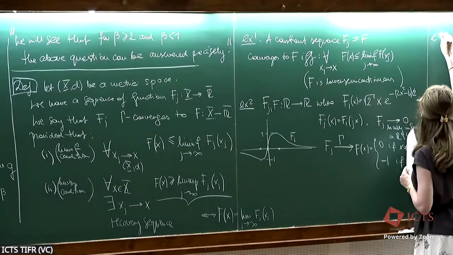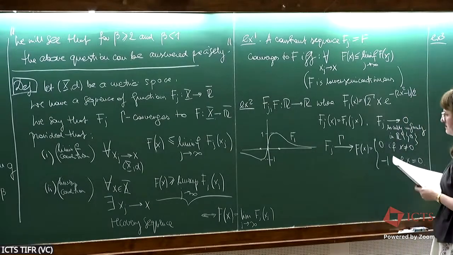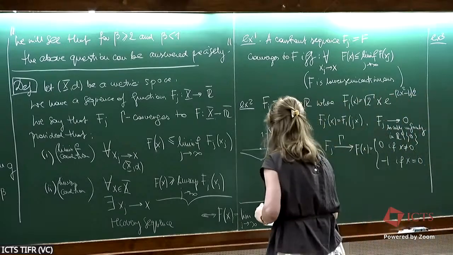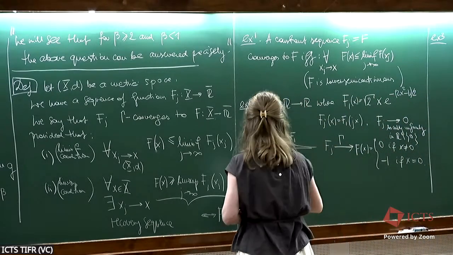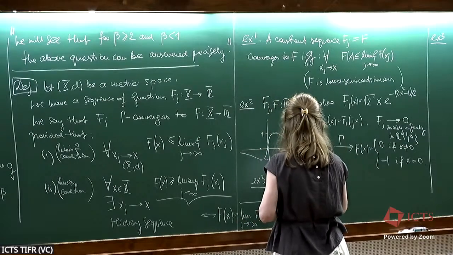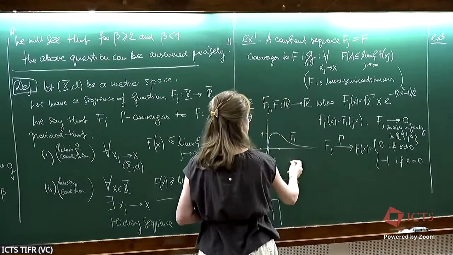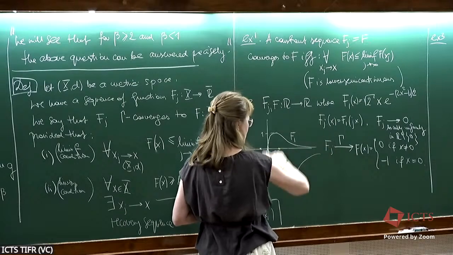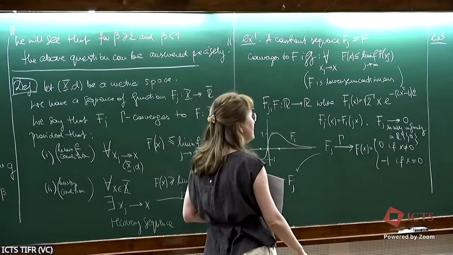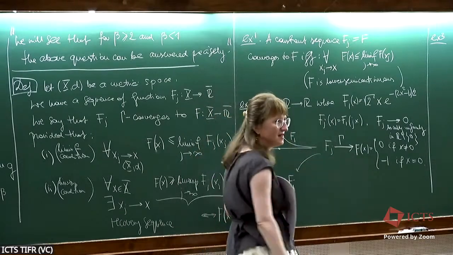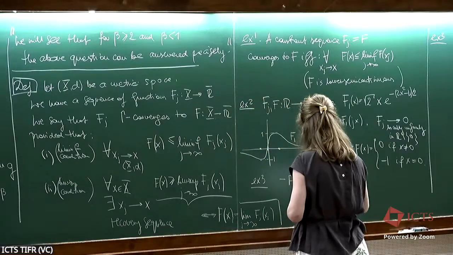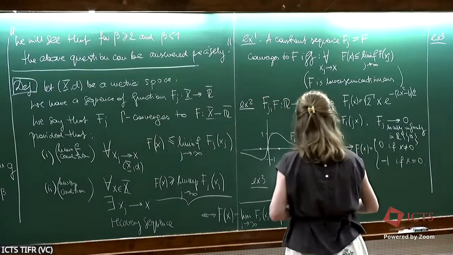Example 3. Oh, maybe example 3 actually here. You can check that negative fj from example 2, the same negative fj like this, but negative fj in fact gamma converges to the same thing, not to negative f, to the same f as before.